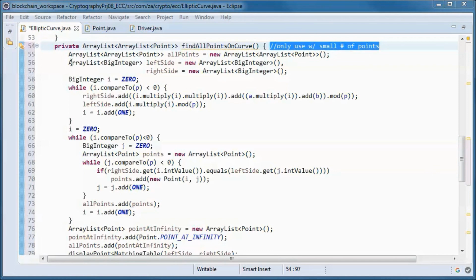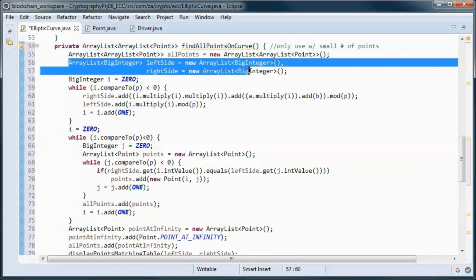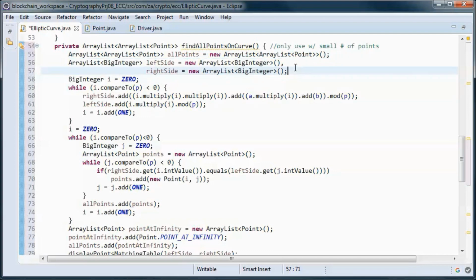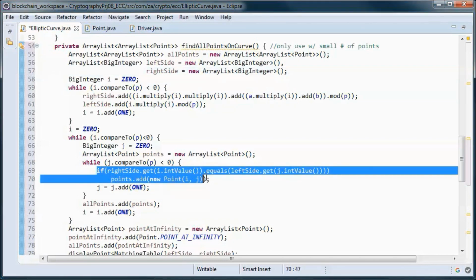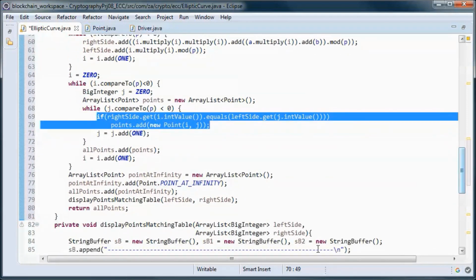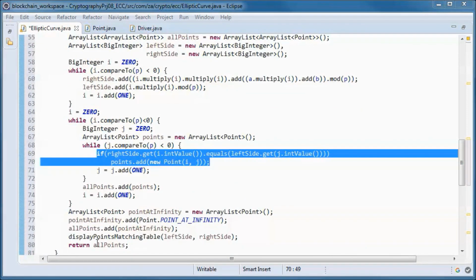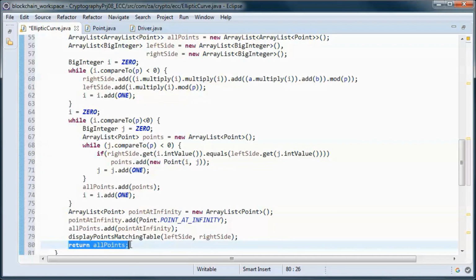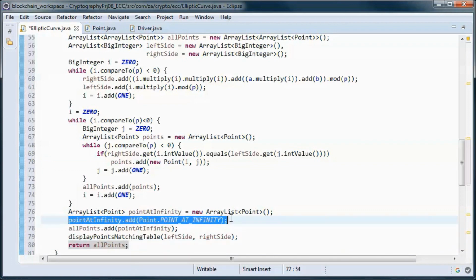So we are comparing the left side and the right side of the elliptic curve equation, and finding the points where both sides of the equation are equal, and returning all the points that we find, including the point at infinity.